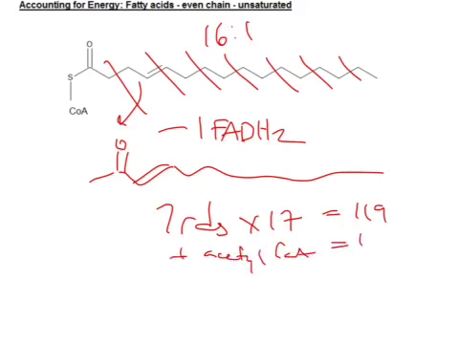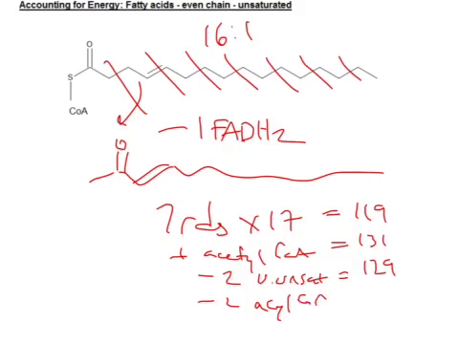That is 131 minus 2 from the unit of unsaturation, minus 2 from acyl-CoA synthetase. So with that extra unit of unsaturation, we lose another 2. So 16-0 was 129. The 16-1 is going to be 127 because we lose that first FADH2 we get from acyl-CoA dehydrogenase.